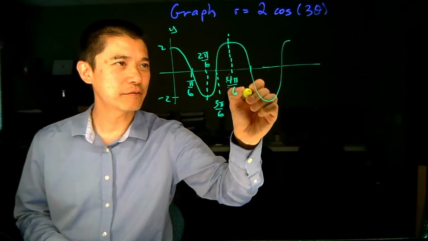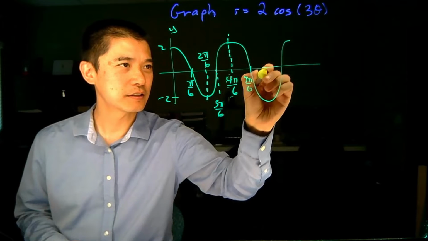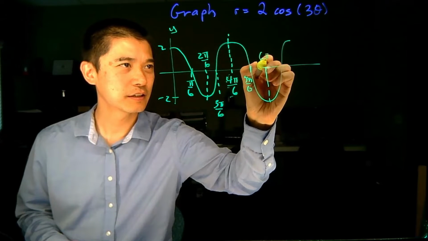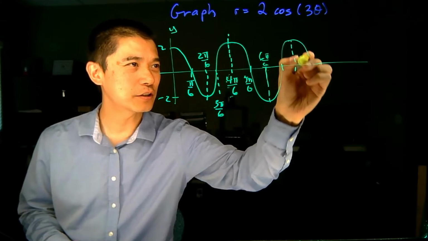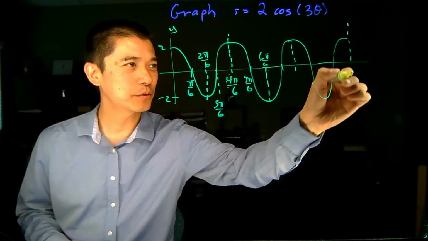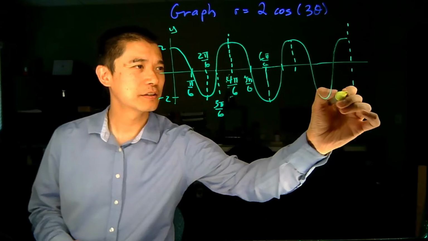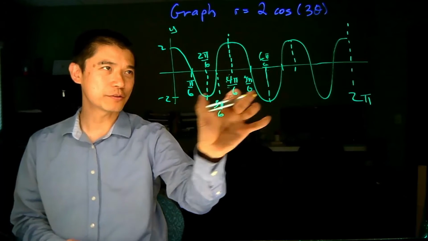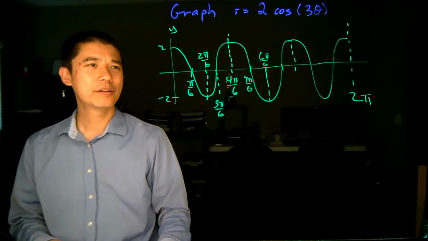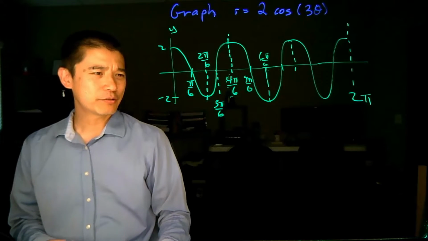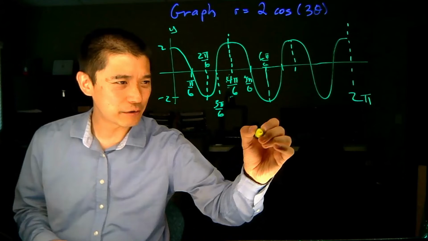So 5 pi over 6, 6 pi over 6, 7 pi over 6, 8 pi over 6. In fact, in order for us to get to 2 pi, we have to go through 3 full cycles of this. So there's 2 pi. We have to go through 3 full cycles because the vibrations are increased by a factor of 3. So here's where it gets a little bit tricky. What does that look like in terms of our graph?